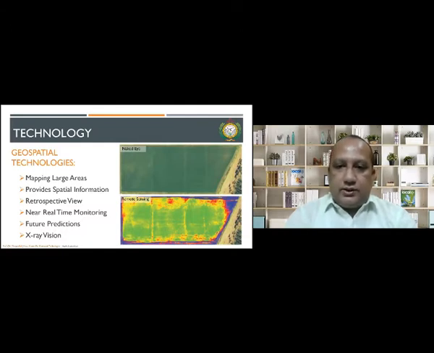There could be some stresses in the crop. Green area is good, but in the red and yellow spots or areas, most likely some stress is occurring.